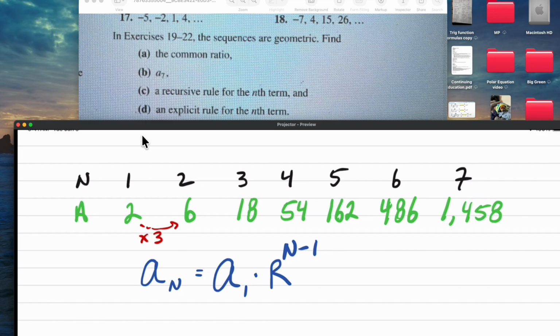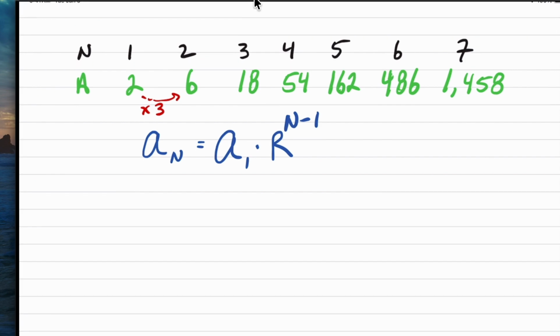Okay, finally, in section D, they want us to find an explicit rule for the nth term. So I think they want us to find an explicit rule for this particular sequence. Okay, so here was the general explicit rule. So let's just go ahead and make this match what we have for a sub 1 and r.